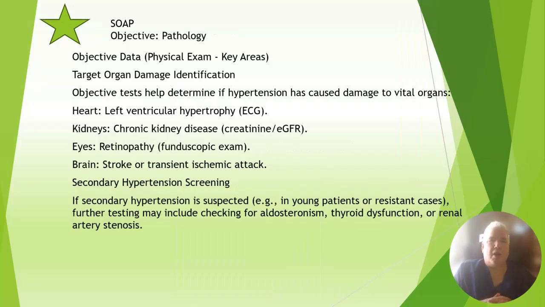Okay, so now we're still in the objective portion of this, but we're looking at the pathology. We're looking at the certain areas of the body that could have target organ damage. So again, we're looking at the heart, left ventricular hypertrophy using an ECG, which basically is a diagnostic test that uses electrodes that are attached to various parts of the body so that it can have a various view of different angles and sides and lengths of the heart.